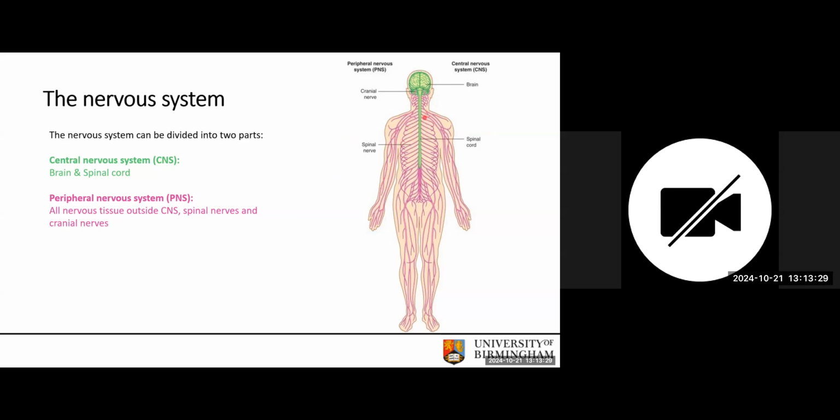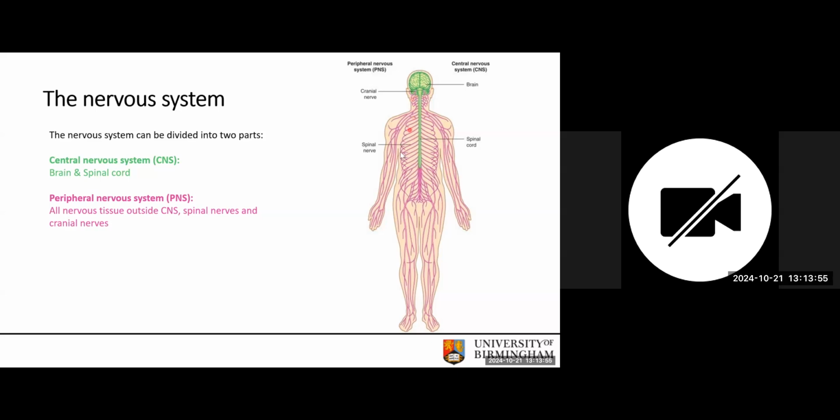So that's the way we can classify the nervous system: central, just in the center, or the peripheral nervous system, the one that goes to the periphery. In the central nervous system, we have the brain, the brainstem, and the spinal cord.